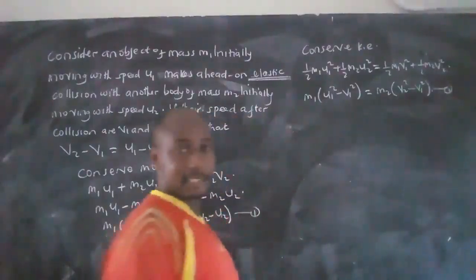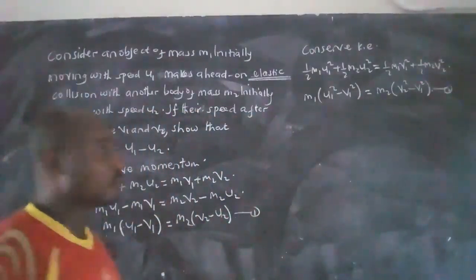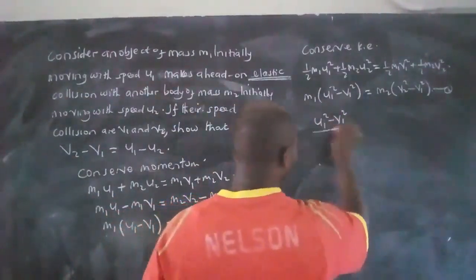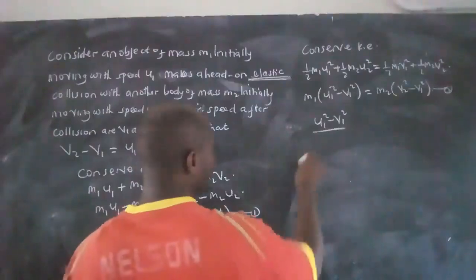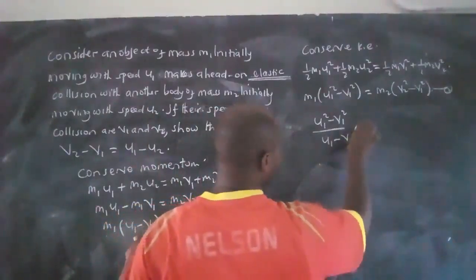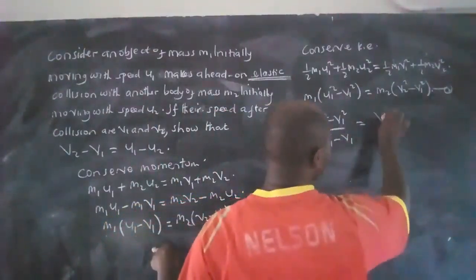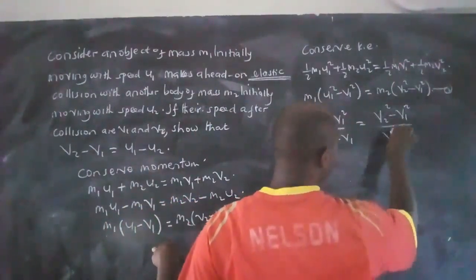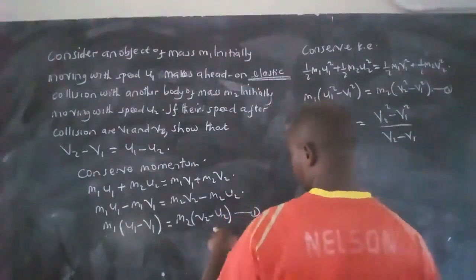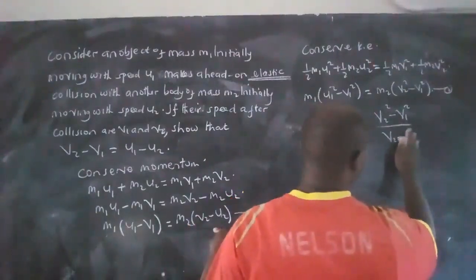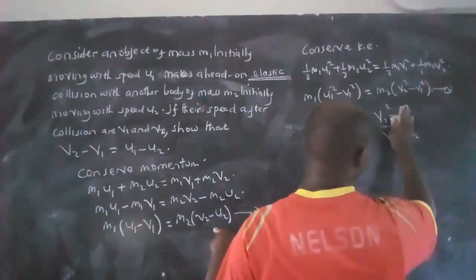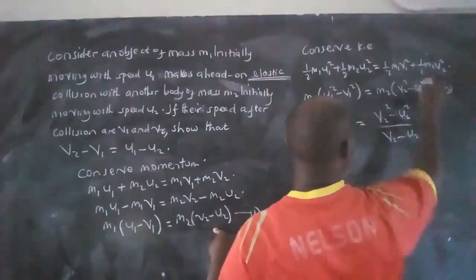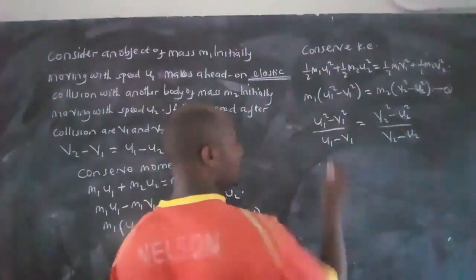So how do we eliminate masses? Equation 1 divided by equation 2. So this will be u1 squared minus v1 squared divided by u1 minus v1 is equal to v2 squared minus u2 squared divided by v2 minus u2. From here, this is the difference of two squares.